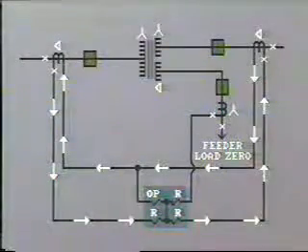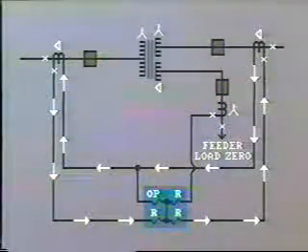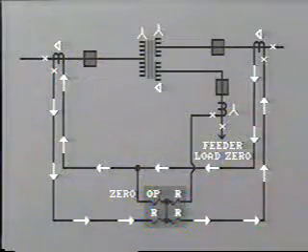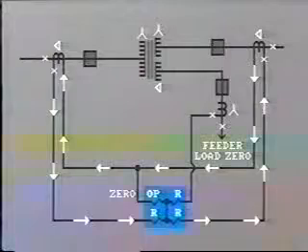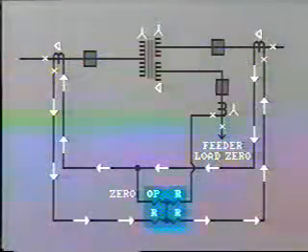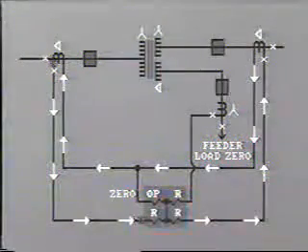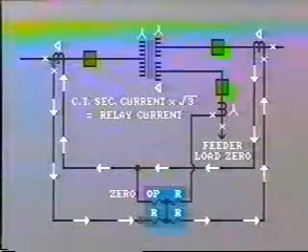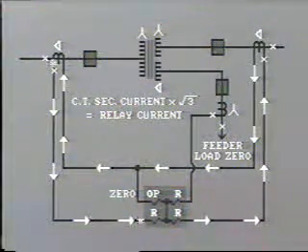The same secondary current passes around this circuit with no flow through the operating coil. We must remember, however, that this is a schematic, and with the CTs connected in delta, CT secondary current is not the same as relay current. CT secondary current times the square root of 3 equals relay current.